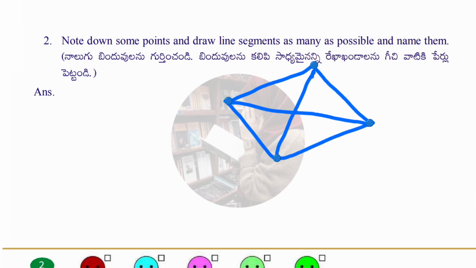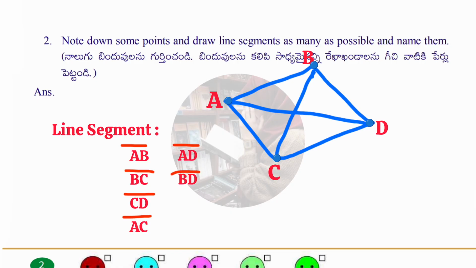I'm naming it as A, B, C and D. Now we'll write the line segments. First one is AB, then BC, then CD, then AC, then AD and then BD. Understood guys? No need to give the names as I have given here. You may also take P, Q or S. Okay, it's your wish, but according to the alphabets you need to write the line segments also.